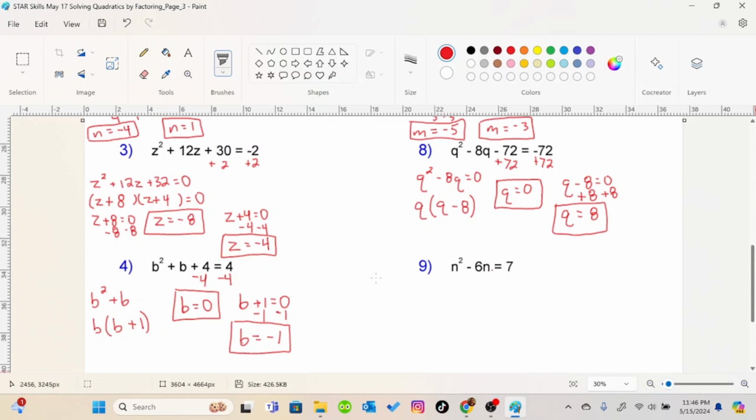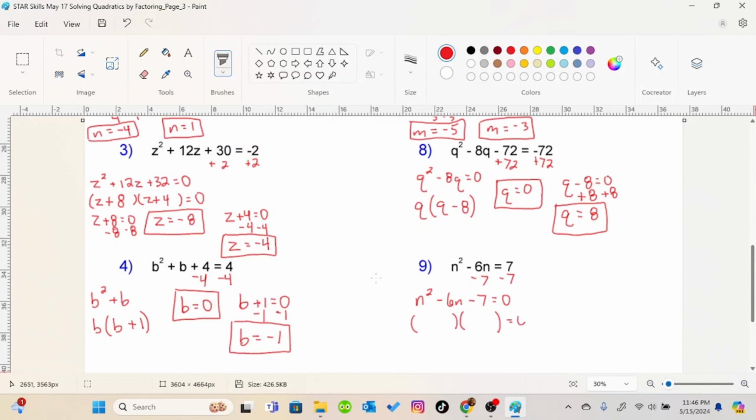Number 9. We're going to subtract 7 from both sides. This gives us the standard form quadratic equation n squared minus 6n minus 7 equals 0. Now we're going to factor.